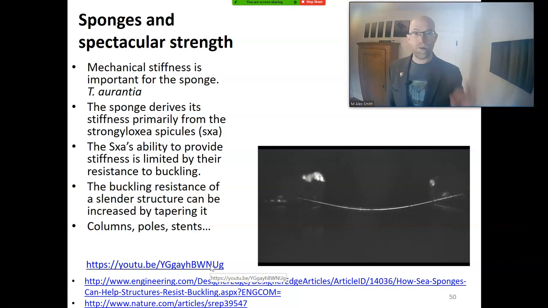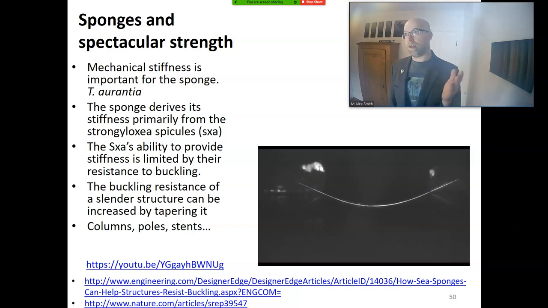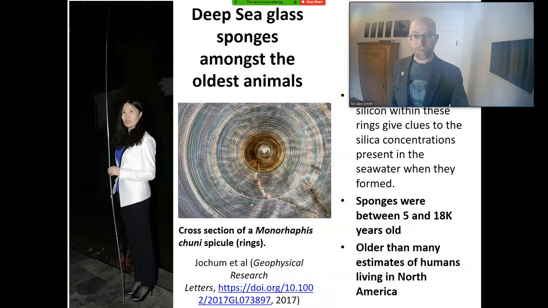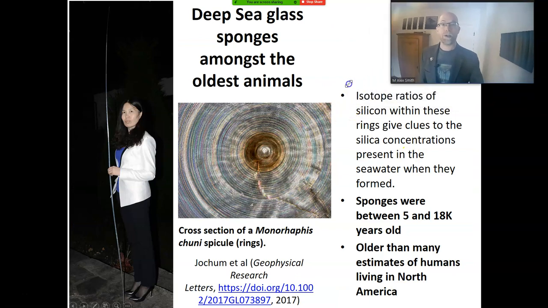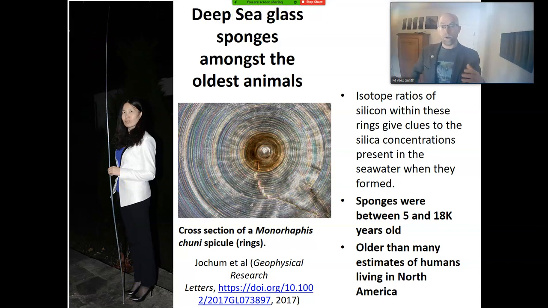And the last thing that I want to say about spicules involves the glass sponges, which we're going to talk about on Wednesday. These are some of the oldest animals in the world. You're looking at a single long spicule that this researcher is holding on the left-hand side. And these are laid down in rings.